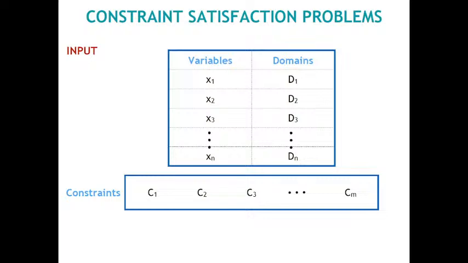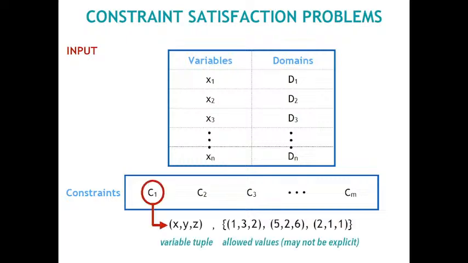Here we have m constraints. Each constraint is a pair where the first element is a tuple of variables. For instance, if x, y, z are my variables, then the first element for this constraint C1 is the tuple x, y, z. And then we have a set of allowed values for these tuples.